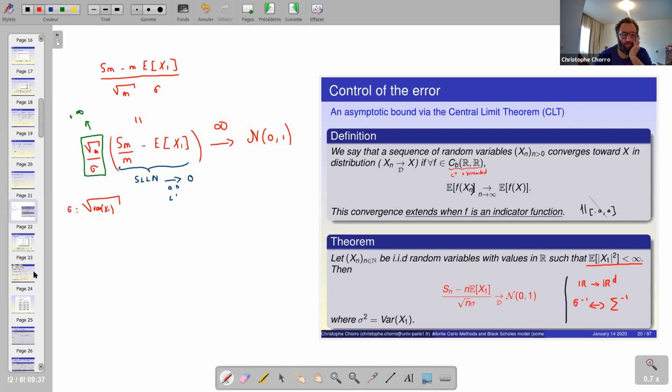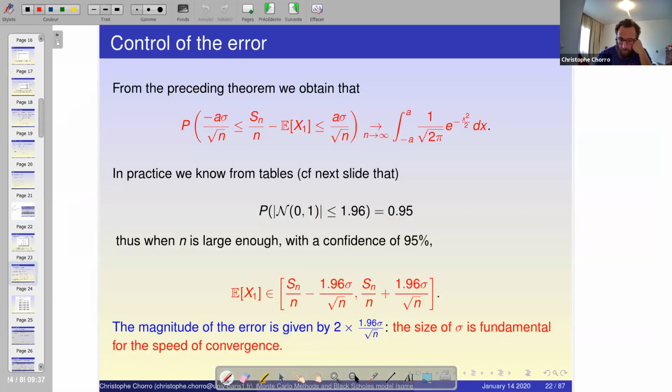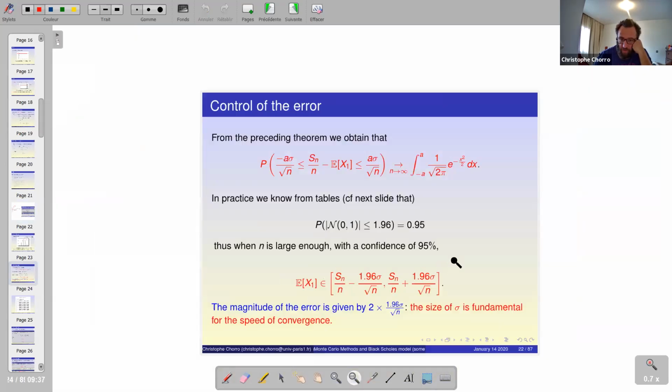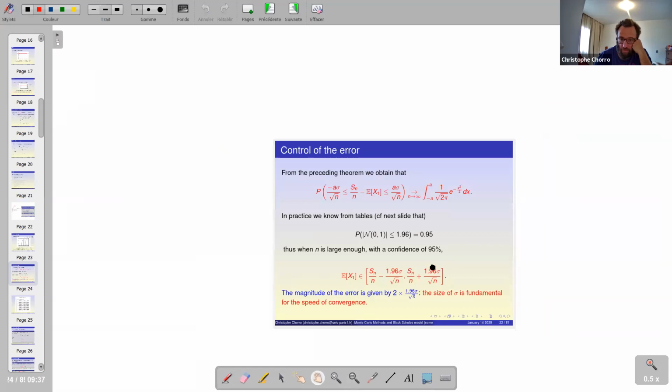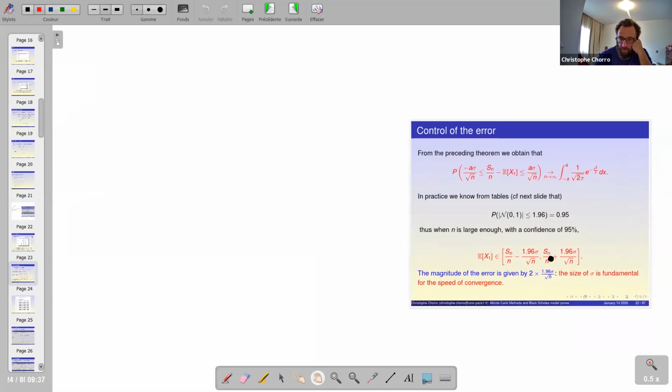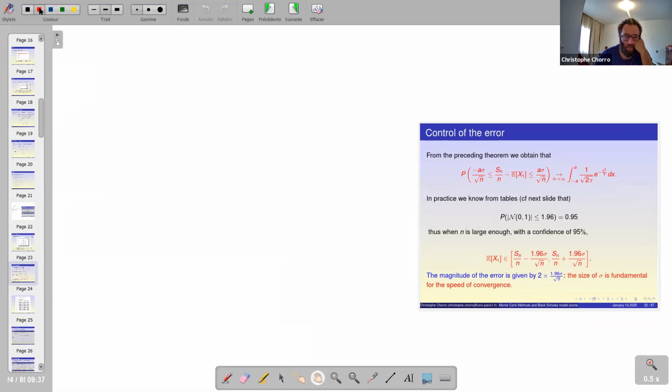So I have this. And as you know, a nice feature of the central limit theorem is that I am able to build asymptotic confidence intervals in this situation. What I know is that square root of n over sigma, Sn over n minus the expectation of x1, converges in distribution toward N(0,1).